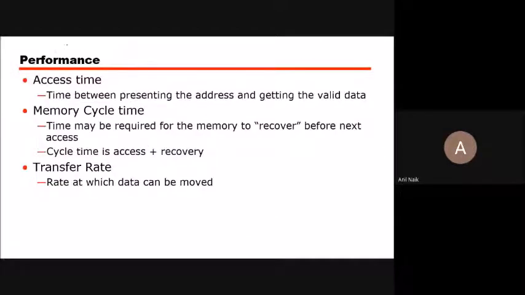Then here we consider some parameters like access time of the data. What is access time? The time between presenting the address and getting the valid data. Suppose this is a memory, and the user is requesting data in a computer.